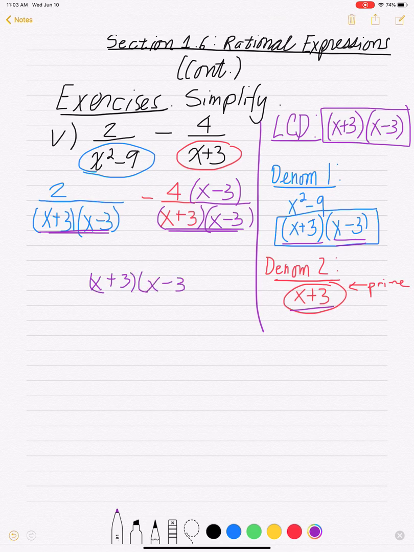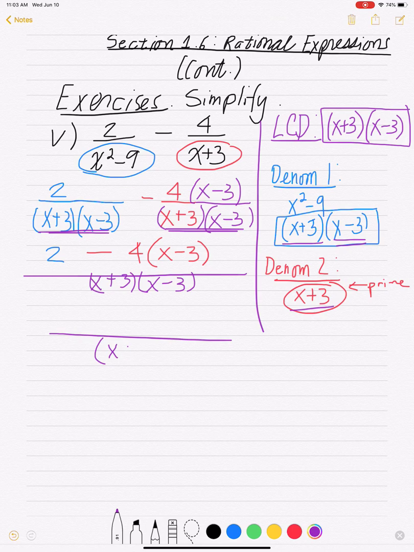And we're going to write a single fraction bar, and on top of that, we're going to take 2 minus, that's the operation, 4, and then parentheses x minus 3. So I'm just going to keep that fraction bar with the common denominator on bottom. And I'm going to clean up the top.